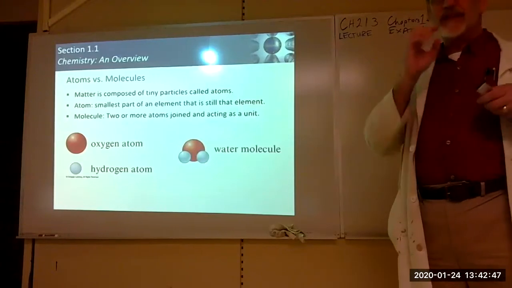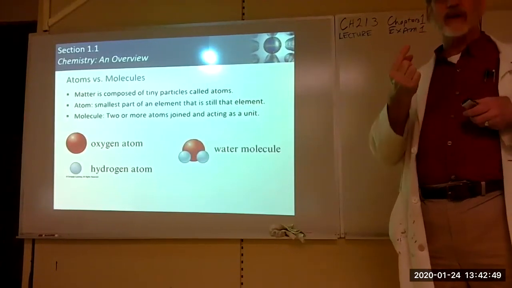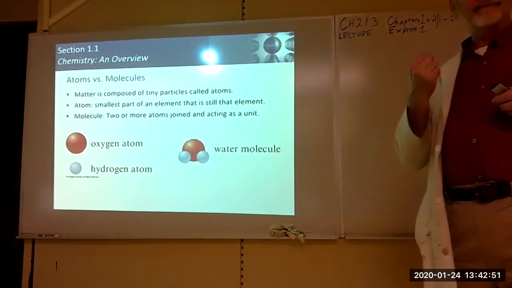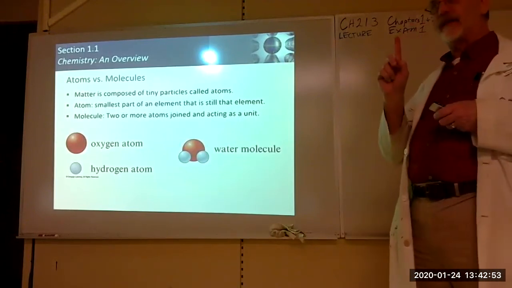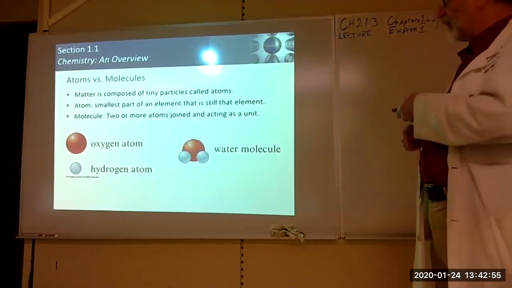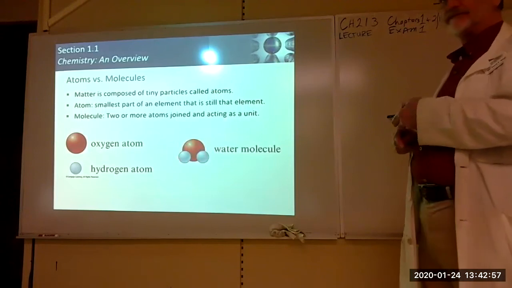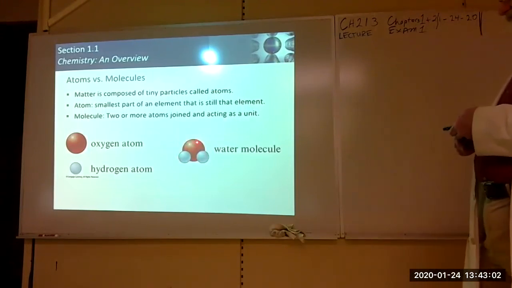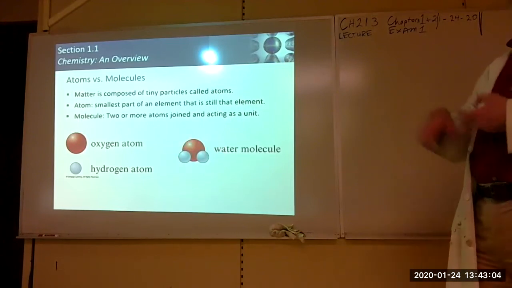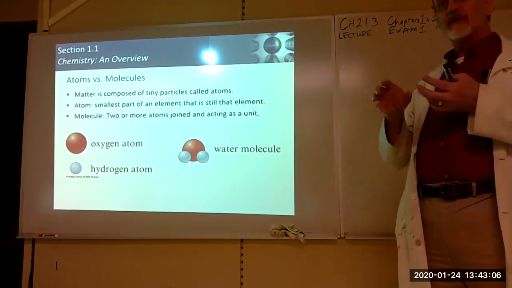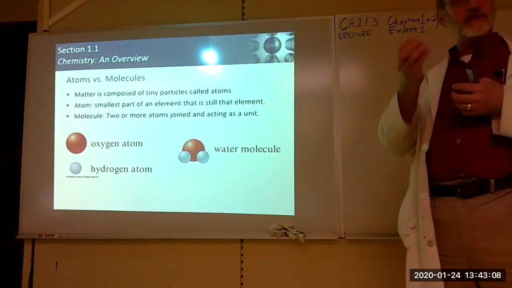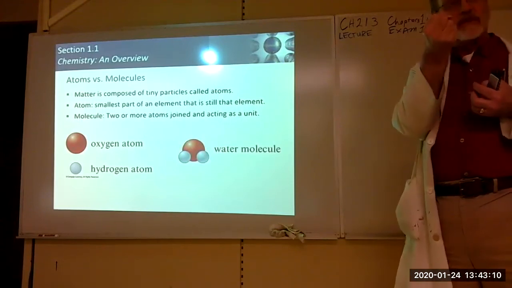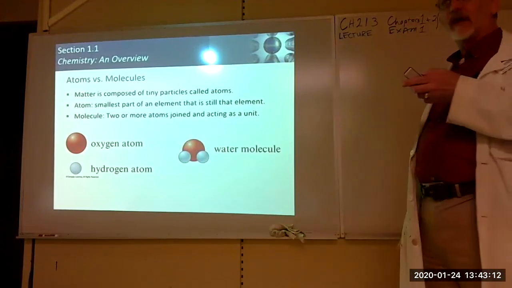But those are still elements, not compounds. The element only has one type of atom in it. Compounds have two or more. But they're still molecules, right? So the compound's a molecule, the diatomic or the triatomic or however many atoms bound together for an element is still an element, not a compound.